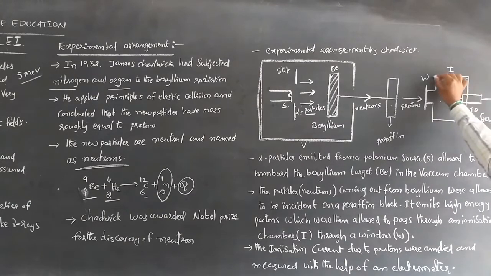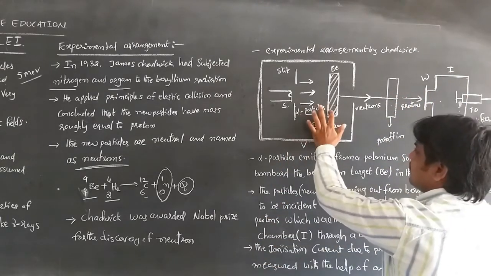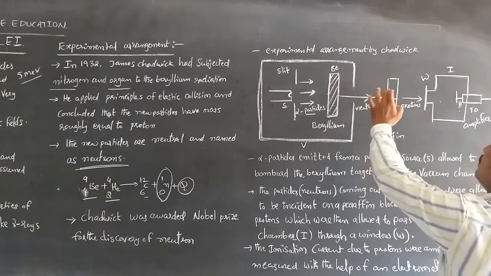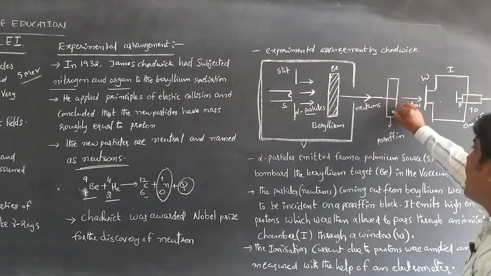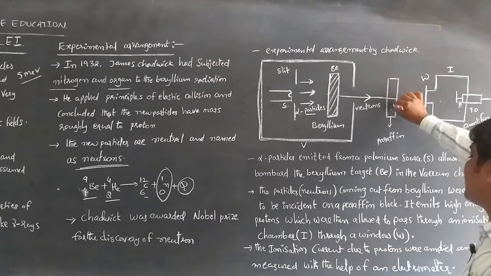Here, this is the ionization chamber. When alpha particles bombard the beryllium target, neutrons are emitted and incident on the paraffin, which emits high energy protons.